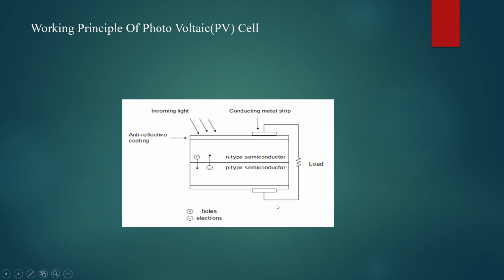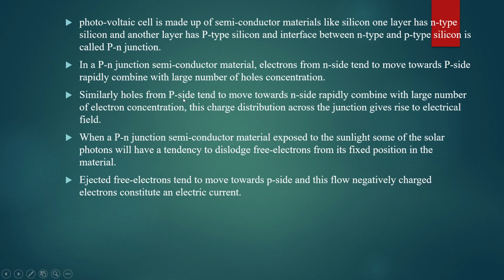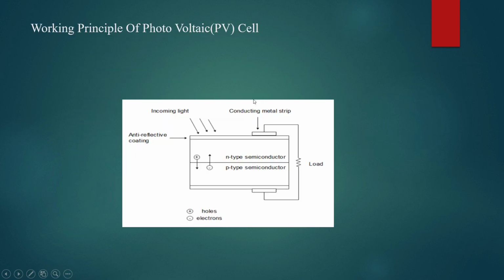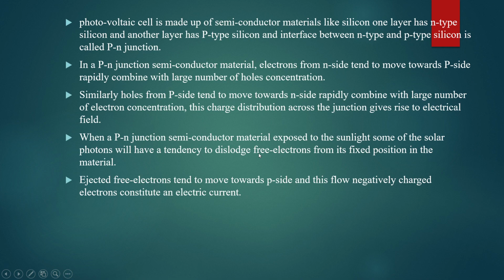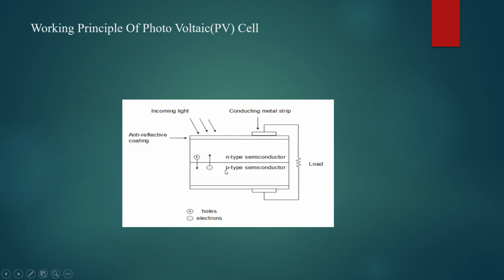Similarly, holes from the P side tend to move towards the N side, combined with a large number of electron concentration. This charge distribution across the junction gives rise to an electrical field. So here the electrical generation will occur.